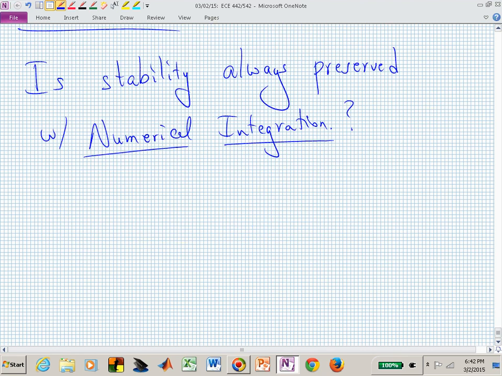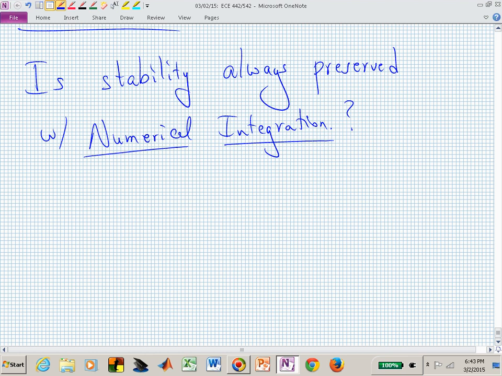By that I mean if we use the forward rule for a discrete equivalent, if we start with a stable system, do we end up with a stable system when we get it into the z domain, H of z? Do we end up with all of our poles in the unit circle?